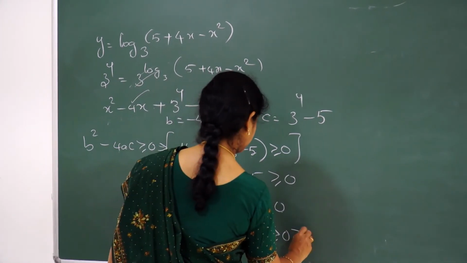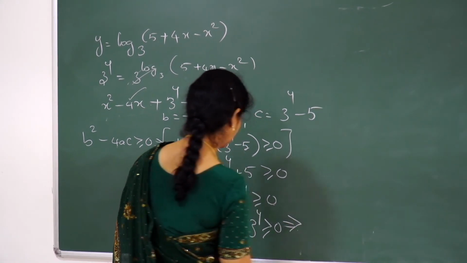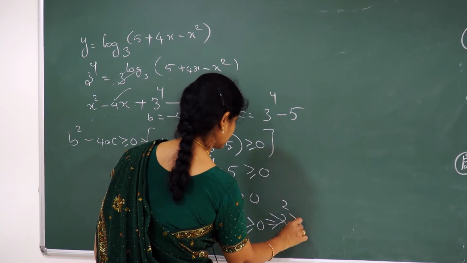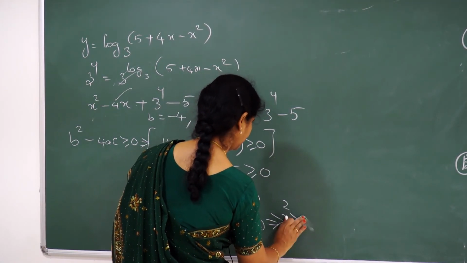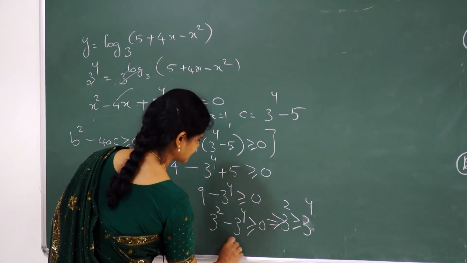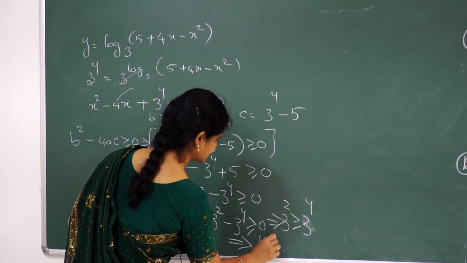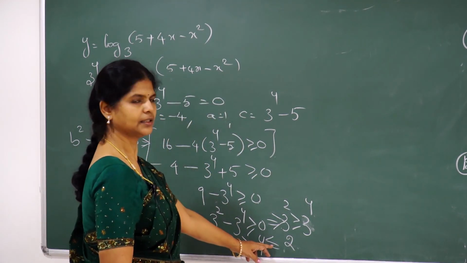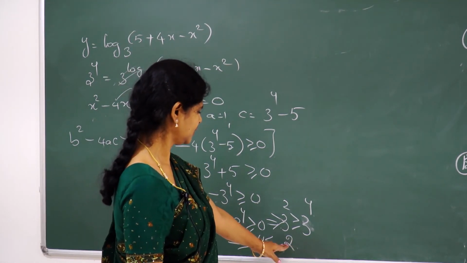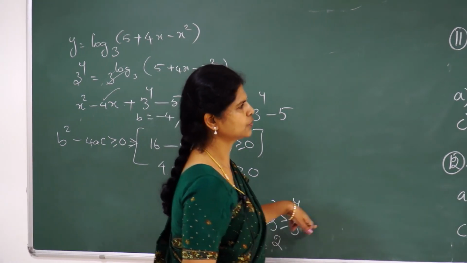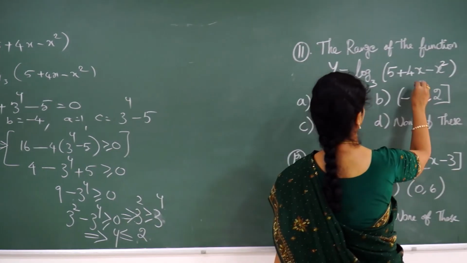That implies 3 square is greater than or equal to 3 power y, which implies y is less than or equal to 2. So y less than or equal to 2 means what is your range? The range is minus infinity to 2. So option B is the correct answer.